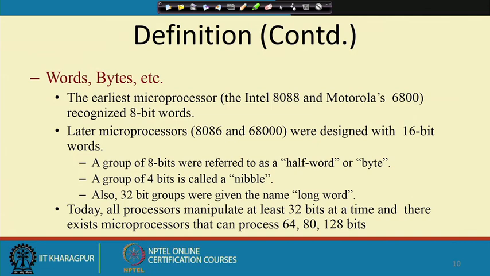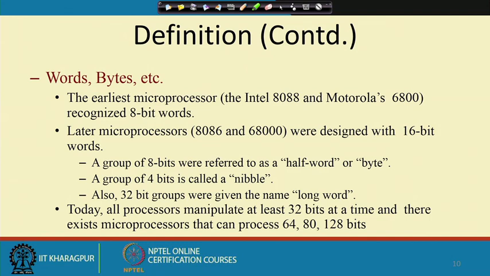You can have some processor with a 32-bit word, 64-bit word, whereas byte is a very standard term. 8 bits constitute a byte, but word size is dependent on the processor. If we say that word size is 16-bit, then the group of 8 bits is referred to as a half word or byte. A group of 4 bits is called a nibble. If you divide the byte into two 4-bit parts, each of them will be called a nibble.